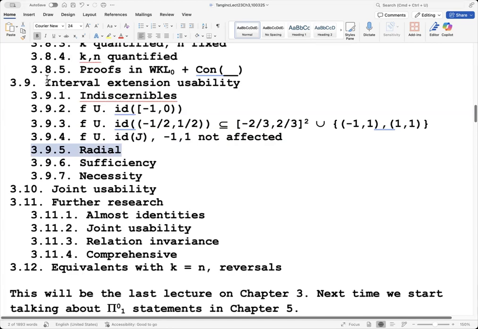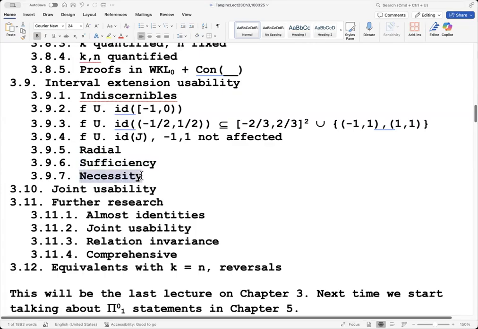We're only talking about a finite function extended by the identity on an interval. That's all we're talking about. And already this seems to be very difficult, very tricky. So I consolidate a lot of information about the sufficiency.